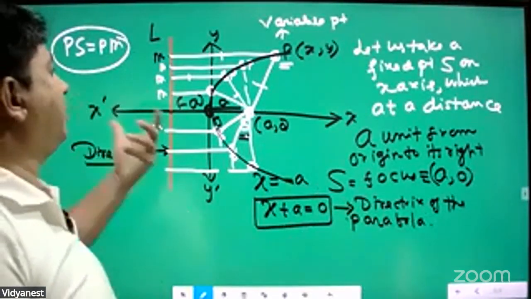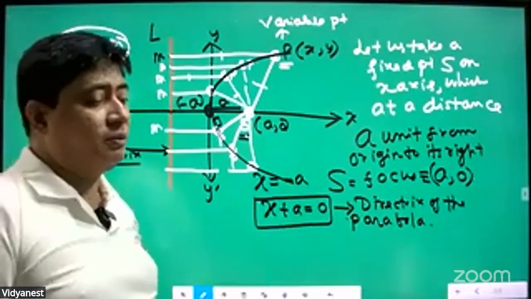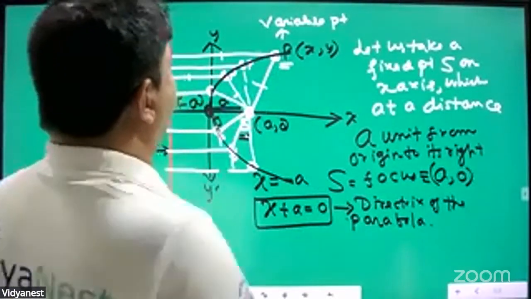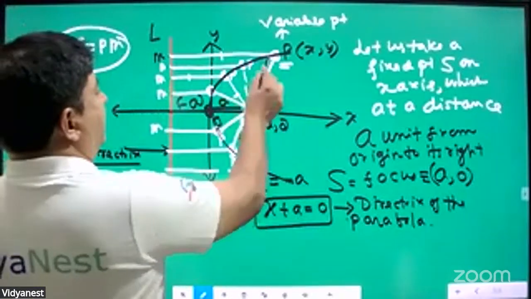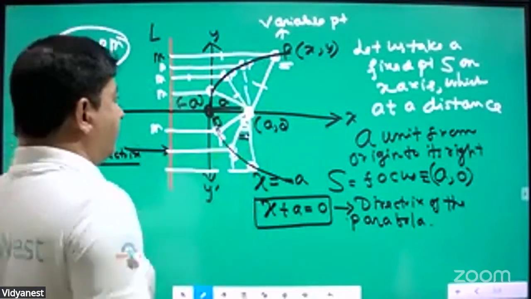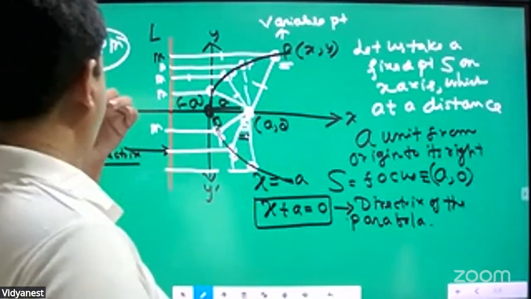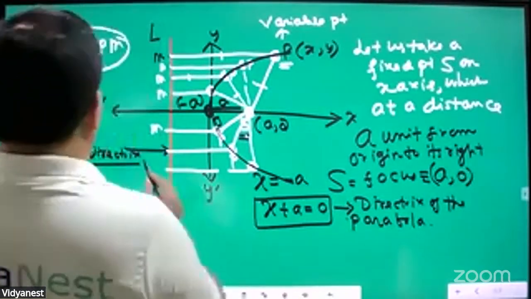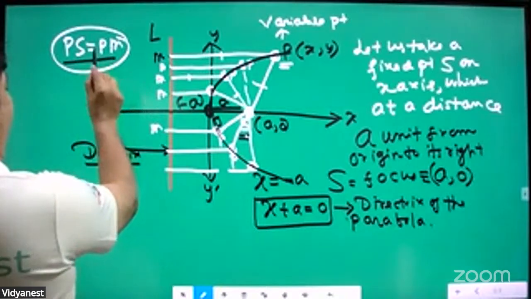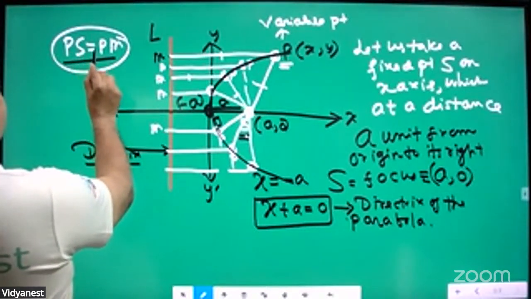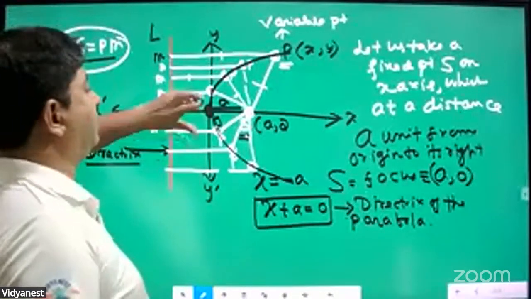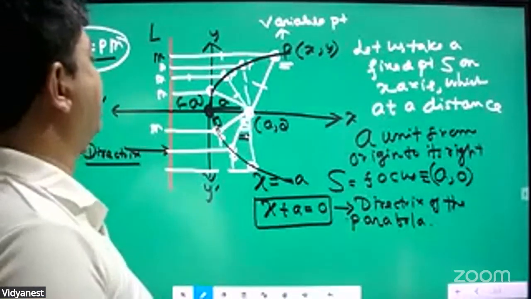So this is the formation of the point P. Point P is a variable point. It will vary, and in what manner it will vary? It will vary with the relation PS is equal to PM. That relation will always remain.